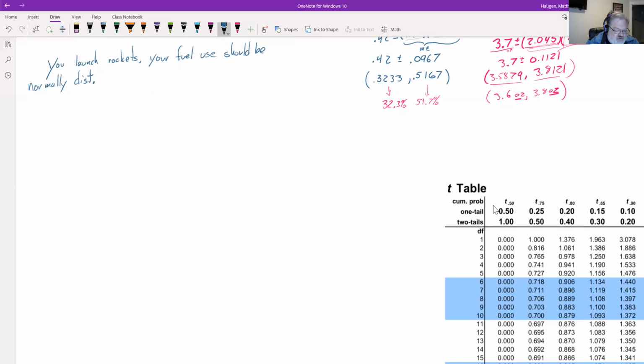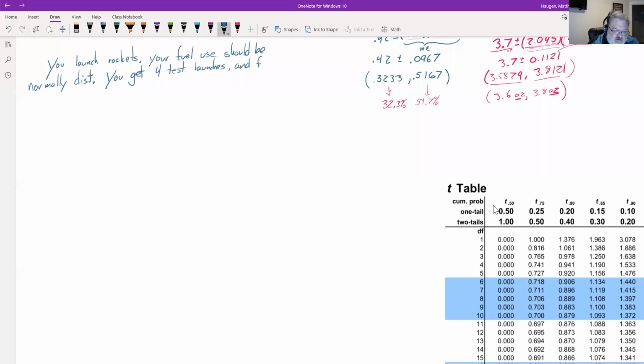The problem with using rocket launches to try to determine how much fuel you're going to use is you usually don't launch a couple hundred or 1,000 rockets, right? You usually only launch a couple. So you get, let's say, 4 test launches, which isn't very many.